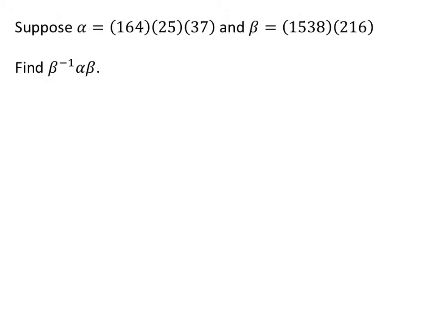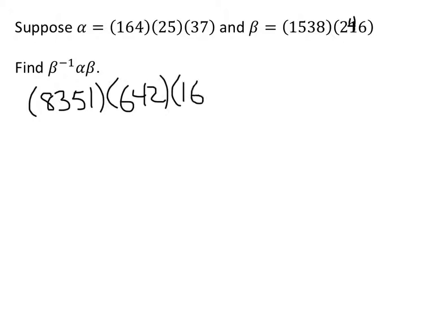One final example. We want to find out what beta inverse alpha beta is going to look like. So for beta inverse, let's just write it out. Remember I said all you have to do is write the elements in reverse order. So let's do 8, 3, 5, 1, and then 6, 4, 2, and then beta inverse alpha.